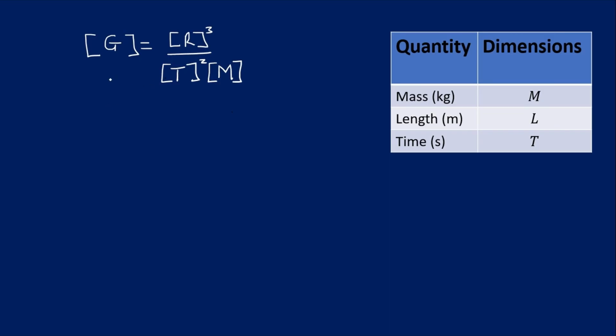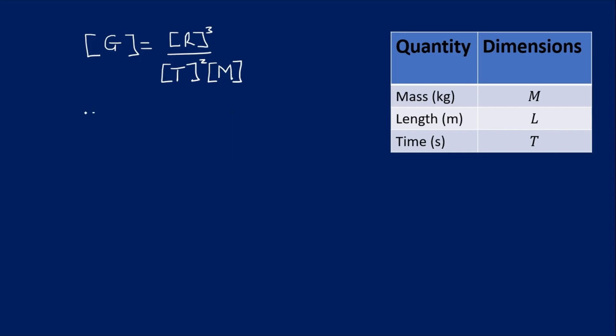To find the dimensions of G, we have to know the dimensions of mass, length, and time. The dimension of mass is M, and the unit is kilogram. The dimension of length is L, the unit is meters. And the dimension of time is T, and the unit is second.